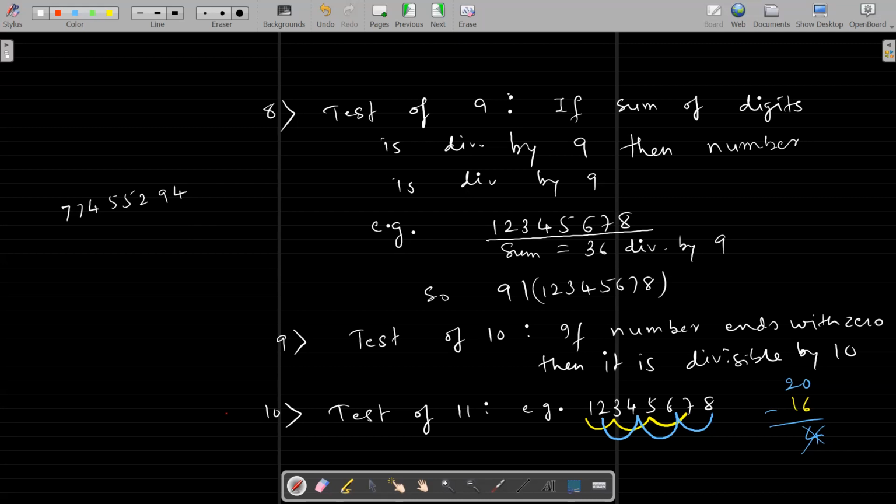So we will take 774 as one part, 455 as the second part, and 294 as the third part.